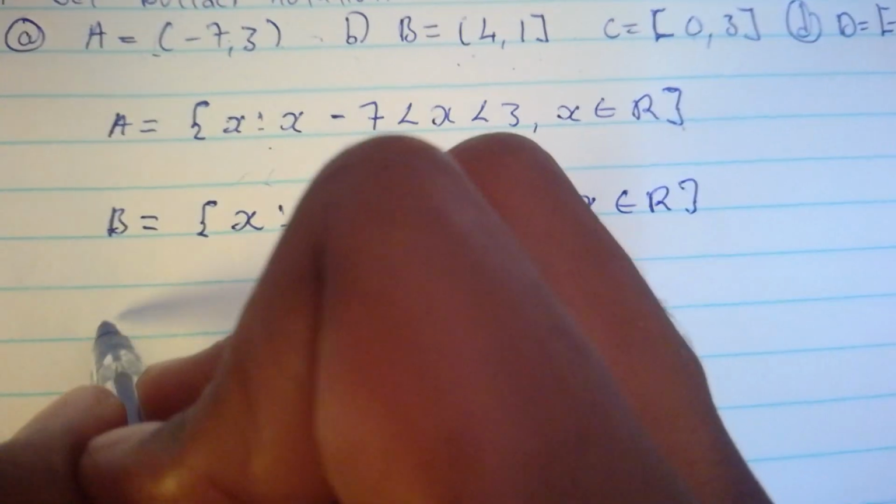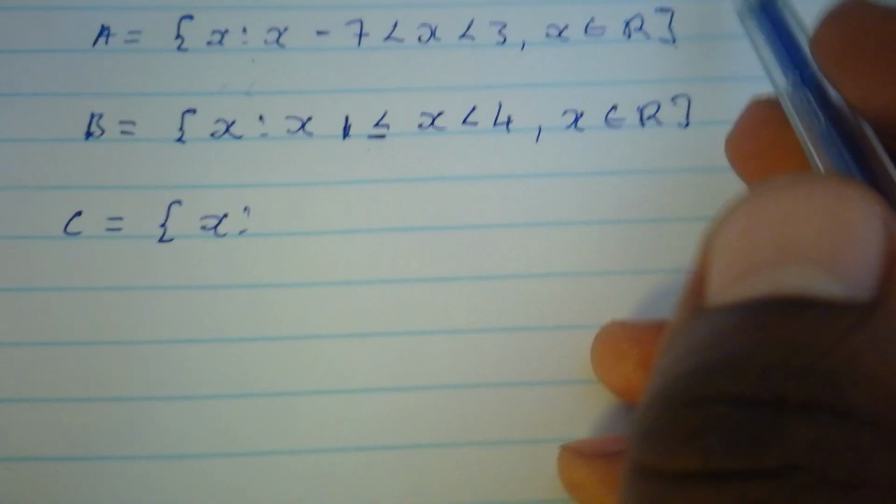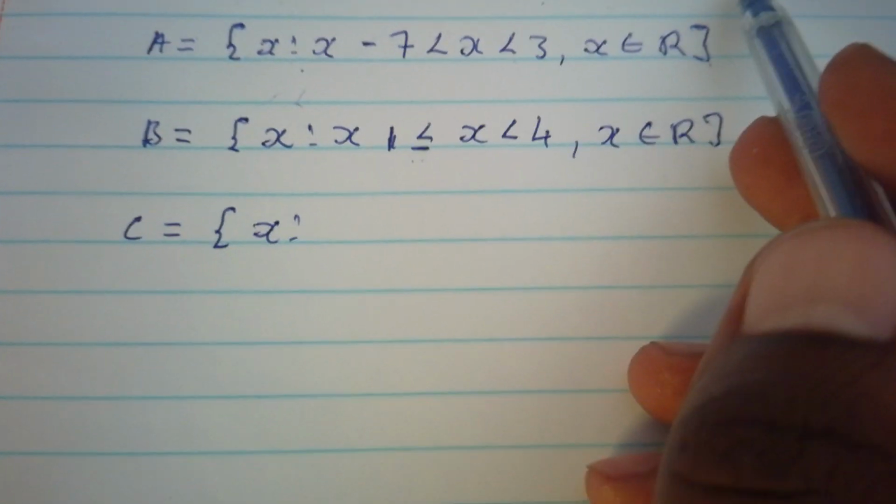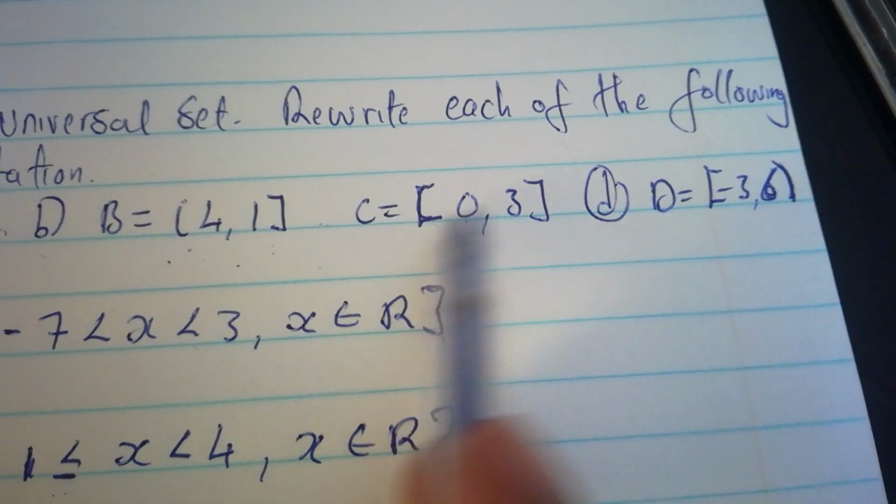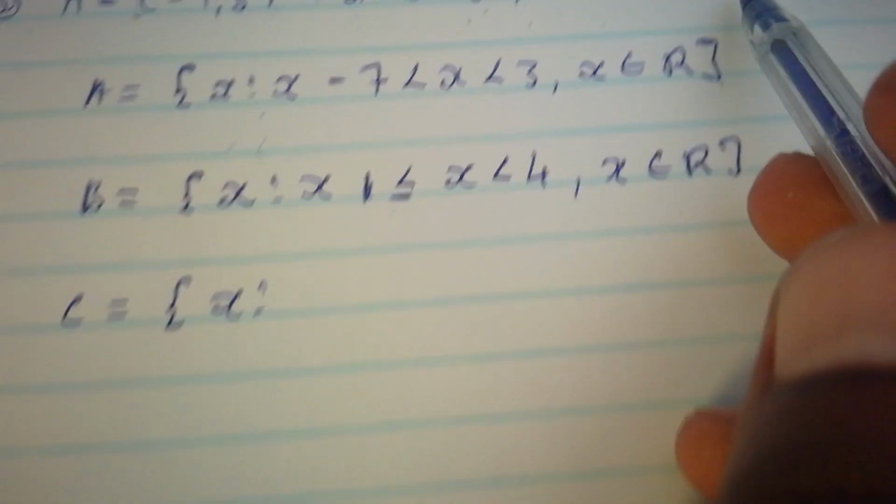We come to the third one. The third one, again, we open with a brace here. The opening brace would define our set to say x is such that, you see that all the 2 digits are included in the set, right? Because of the brackets that we have here. So since they're included, we're going to have equal to.